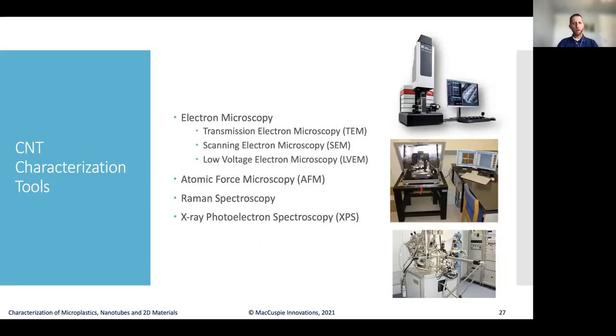Looking at the different characterization tools that people often employ to study carbon nanotubes, it includes electron microscopy, of course, with TEM or SEM or LVEM. Folks also use atomic force microscopy, Raman spectroscopy, XPS or X-ray photoelectron spectroscopy, a wide variety of techniques in order to understand and characterize these materials.